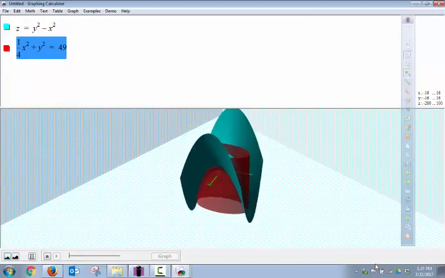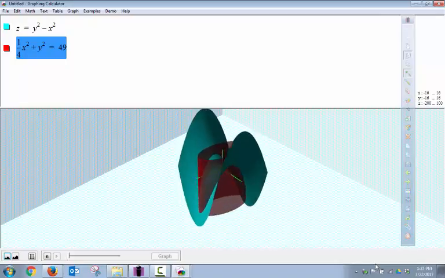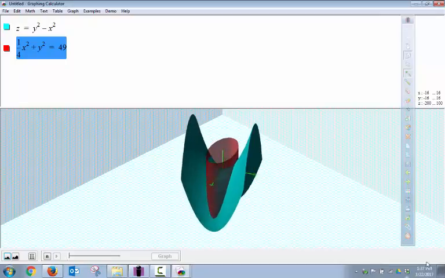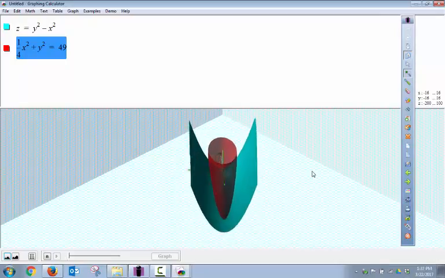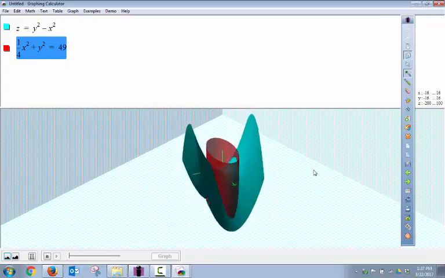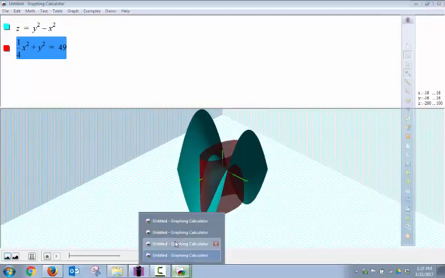It's those highs and lows of the parabola that will be the places where they would intersect. So, is that a good visual? Let's stop it here and take a couple of pictures and put it in our notes.